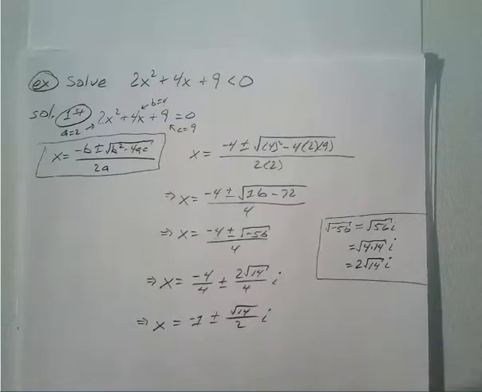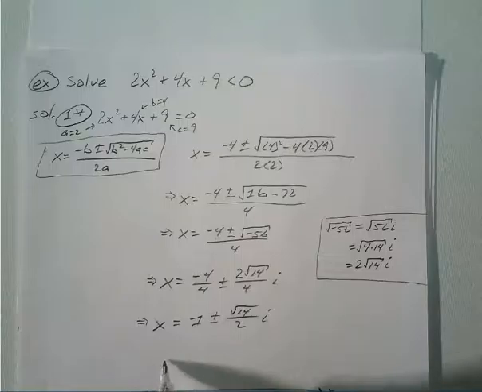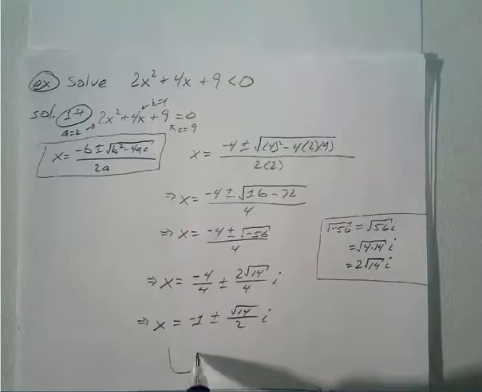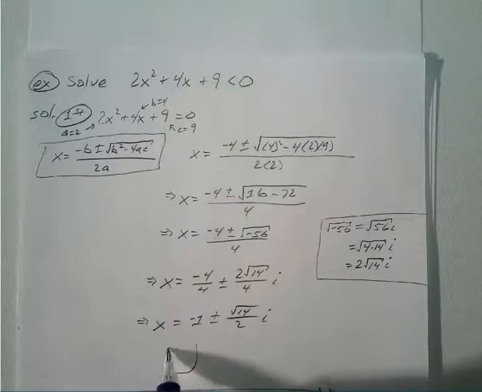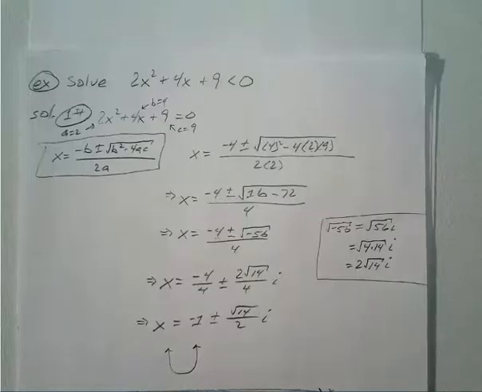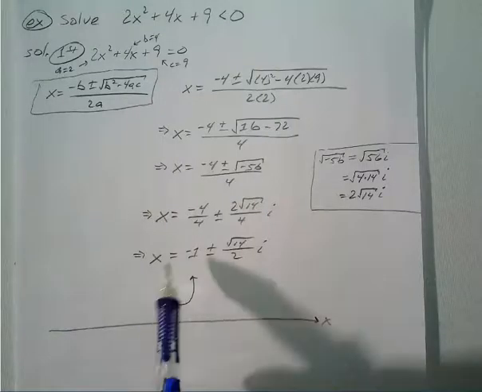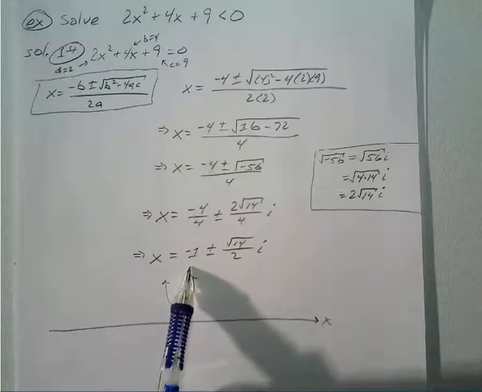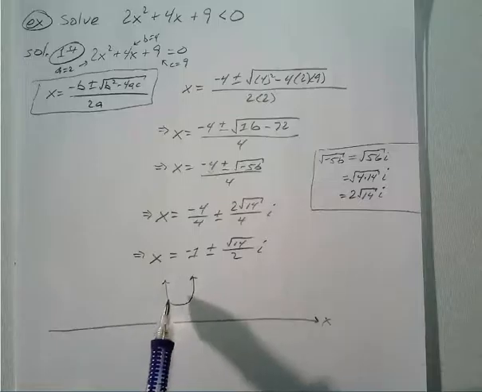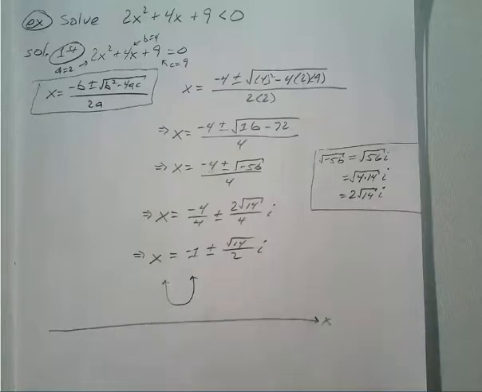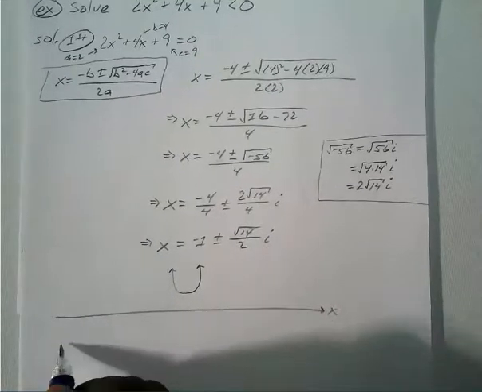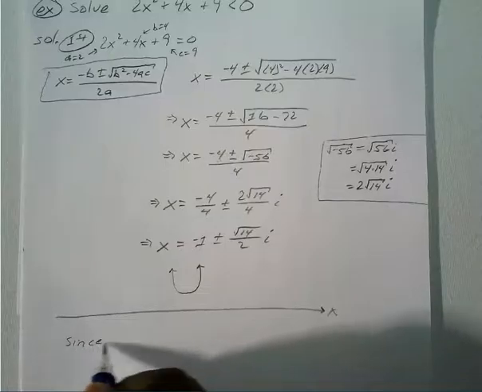Okay, so if you have all your x values, your graph will look something like that, above your x-axis. Okay, so the fact that you have a complex solution means that this graph does not cross the x-axis at all.